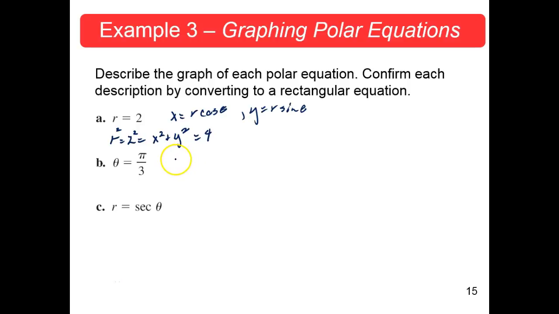What does this tell? What's your equation that gives you the relationship between theta and x and y? Do you remember it? Okay, so I'm going to write it in tangent.